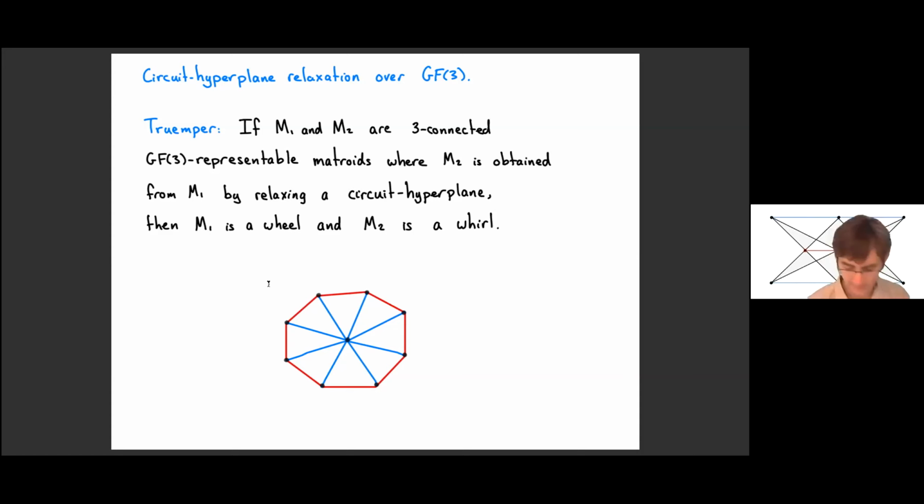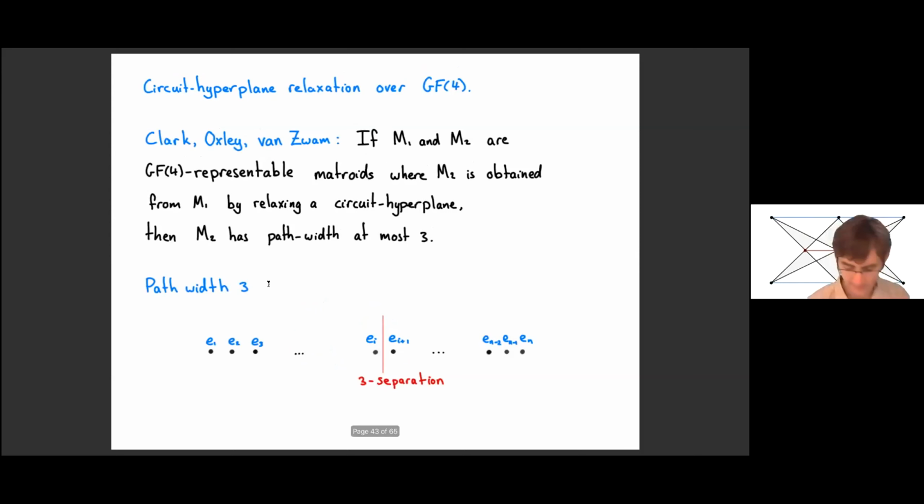And there's a more recent result of Clark, Oxley, and Van Zwam that explains what's going on for GF4. They show that over GF4, if you've got two representable matroids related by relaxing a circuit hyperplane, then both of the matroids have path width 3. It's enough for the more relaxed one to have path width 3 because it implies the other one.